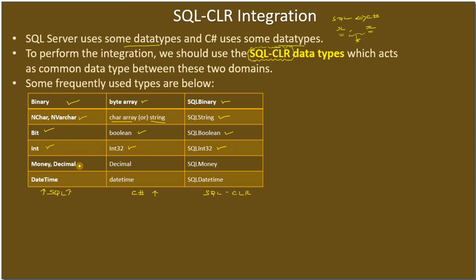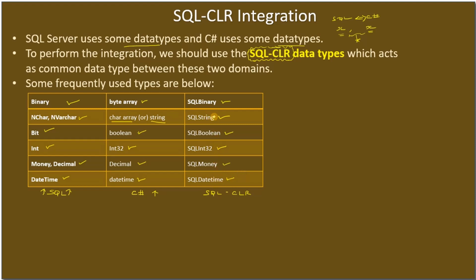The same goes for money: decimal in C#, and in SQL-CLR it is SQL money. Date time, same here: date time in C#, and in SQL-CLR it is SQL date time.